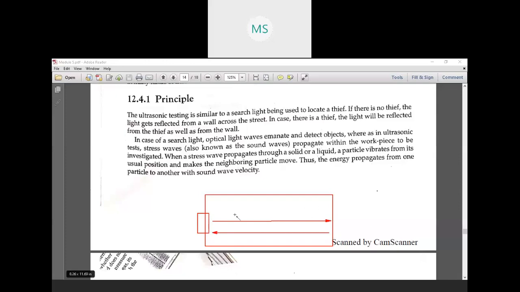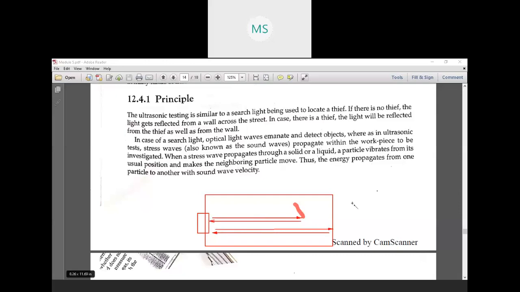Suddenly, in between the probe and the wall, here came the thief. Now the probe sends the signal, but it cannot reach the wall. It reaches only up to the thief and has to come back to the probe.